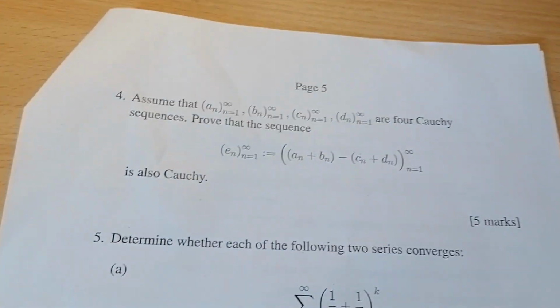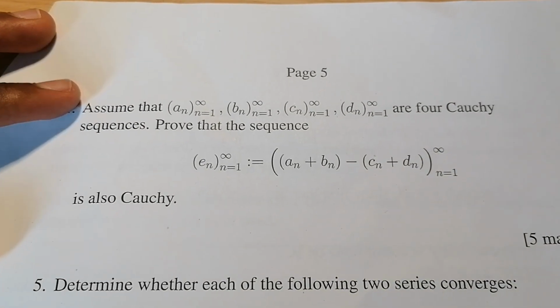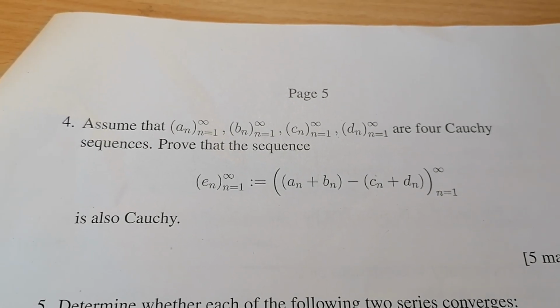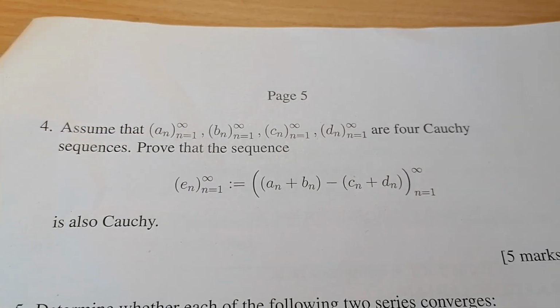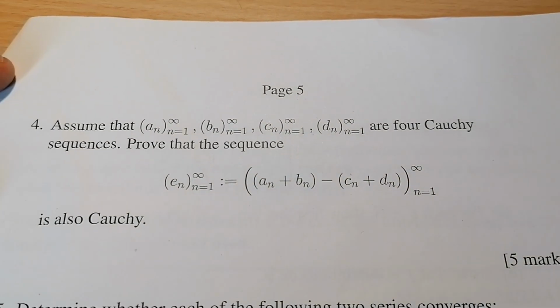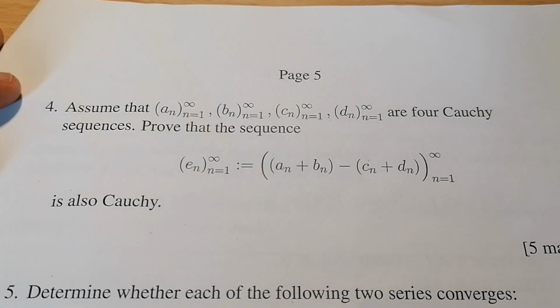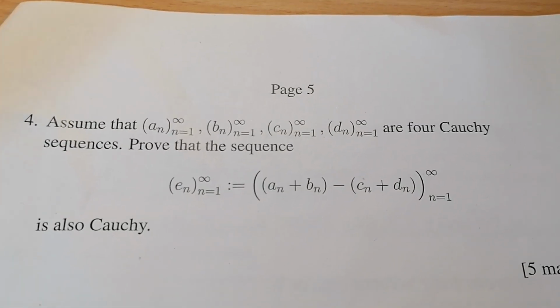Okay, question 4. Assume that AN, BN, CN, and DN are four Cauchy sequences. Prove that the sequence EN is also Cauchy. Actually, in a revision session for this exam, we had a question just like this, but a lot harder.